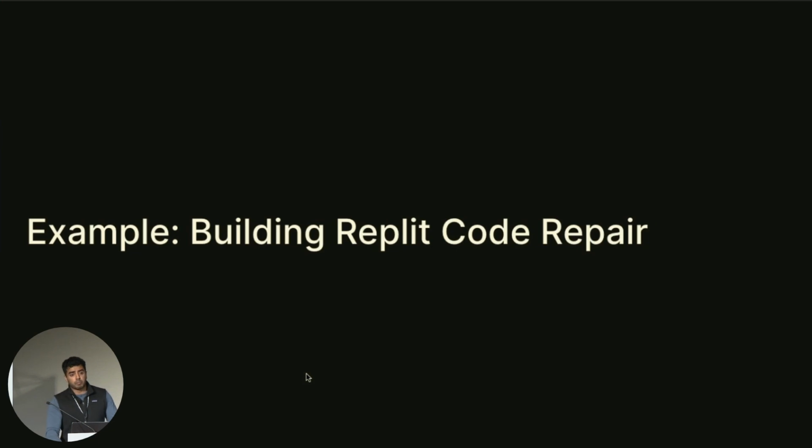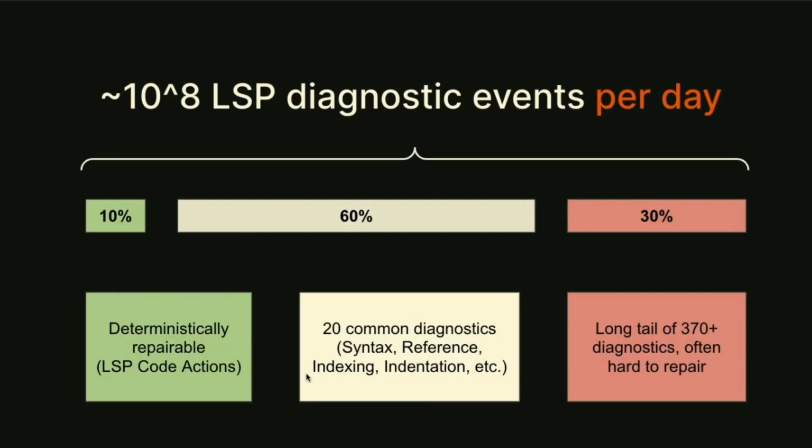So the core thing we're building is Replit Code Repair, an autonomous system which automatically detects whenever you have an LSP error and then fixes it. The problem at Replit is we get more than 150 million LSP events a day, which is why it's important to make fixing autonomous. A lot of them are beginner programmers, so if you can even save 1 second per programmer, you're achieving a lot of productivity.